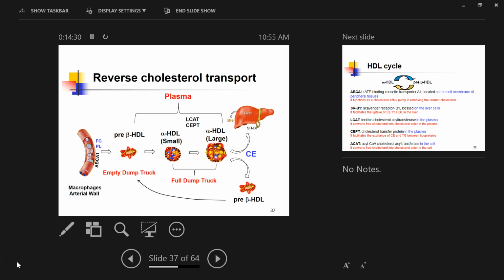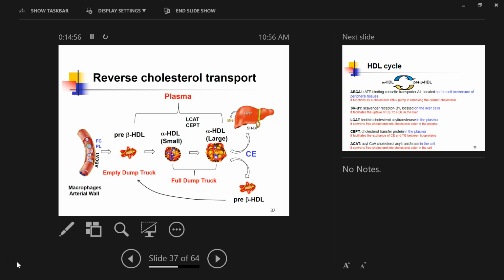All right. There are actually two important enzymes present in the plasma that catalyze the reesterification of free cholesterol to cholesterol ester. And there are also other things happening, lipid exchange, which I mentioned earlier, between the different lipoproteins.